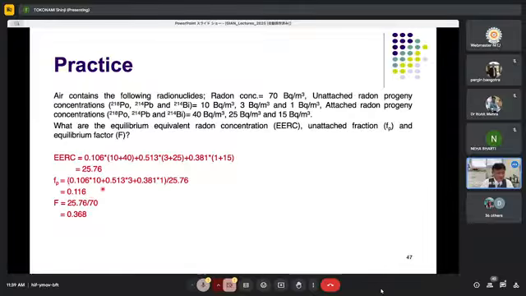Then the unattached fraction was 0.116. After that, we can calculate the equilibrium factor this way: 25.76 over 70. The result is 0.368.